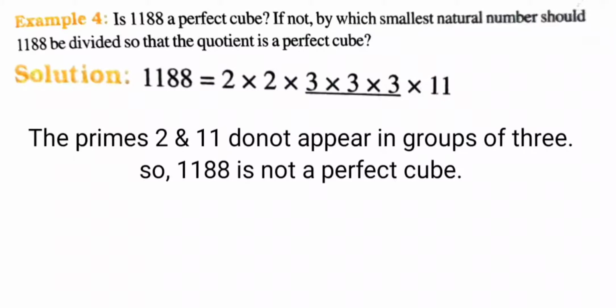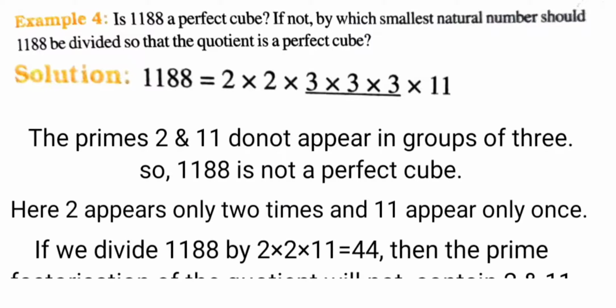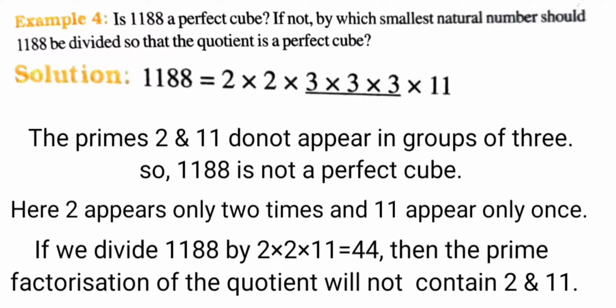So 1188 is not a perfect cube. 2 appears only 2 times and 11 appears only 1 time. So if we divide 1188 by 2 into 2 into 11, that is 44, then the prime factors of the quotient will not contain 2 and 11.